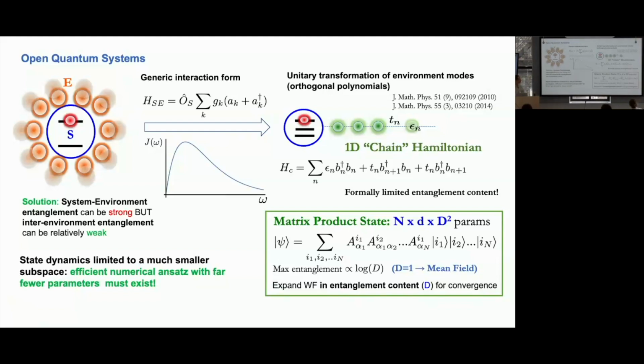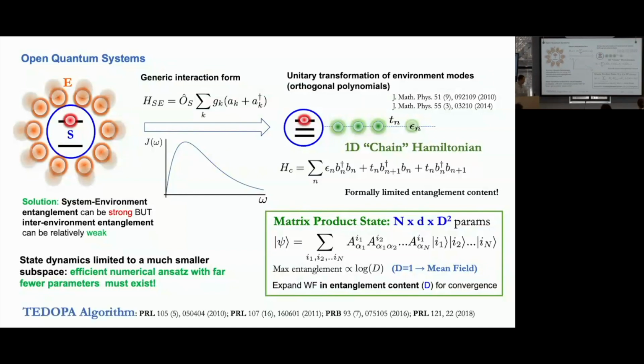So over a number of years, being able to take open system problems, non-perturbative or non-Markovian ones, and map them onto these chain-like problems opens up the ability to use all of the power of MPS time-dependent methods that have been developed elsewhere to look at a range of open system problems.